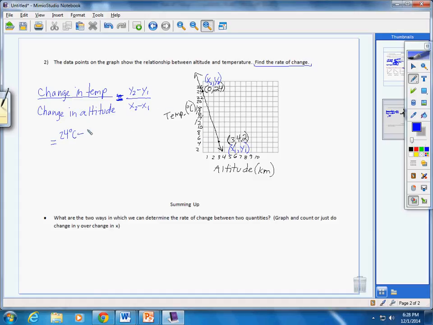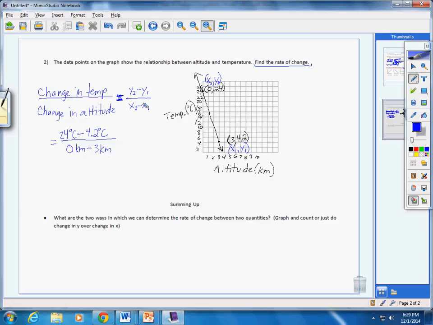It is 4.2 degrees Celsius. Great. It's divided by x2, which is 0 kilometers, because that's our x value. And our x value over here is 3. So 0 kilometers minus 3 kilometers.